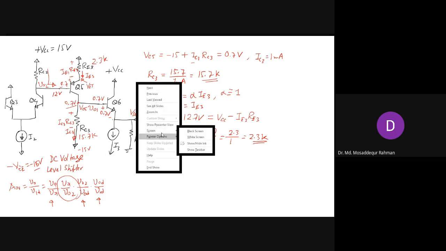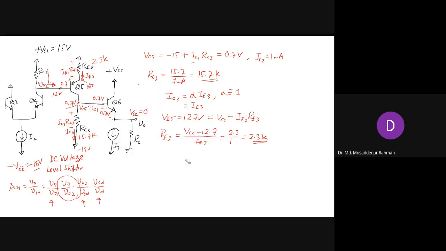No idea. We have introduced this to shift the DC voltage level, but any transistor is also an amplifier, right? So it will add some gain to the circuit. How much gain will it add?